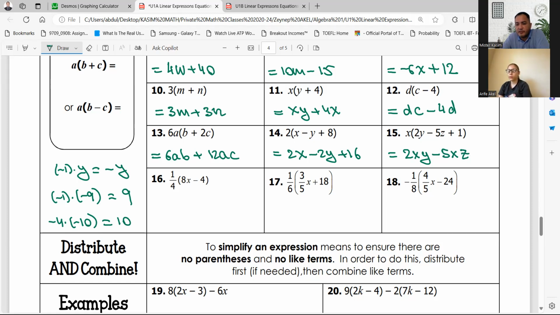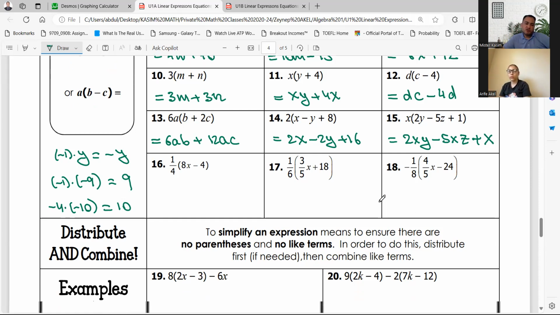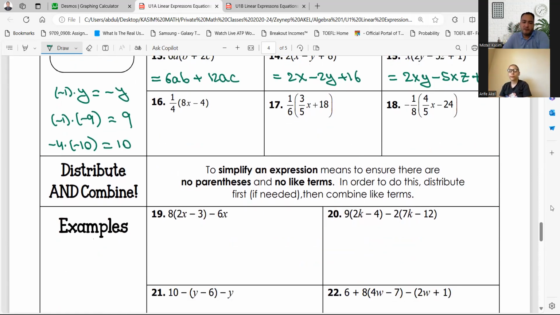Because x times 5z, first multiply signs, minus. x times 5z equals 5xz. Plus, what is x times 1? 1x. Just x, right? Question 16 is about fractions or rational numbers.